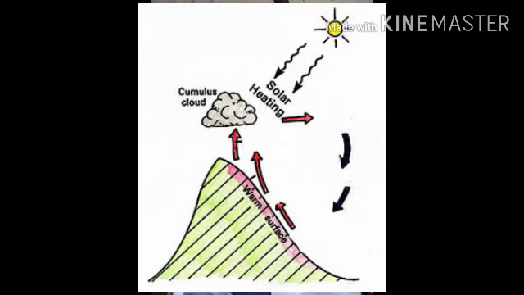And the local dry winds which blow in the summer, which we call loo. In America it is known as chinook. These winds blow in a particular area, and that's why they are called local winds.